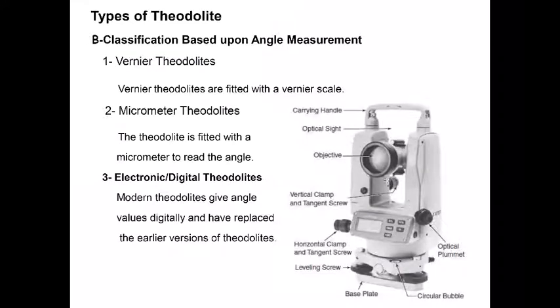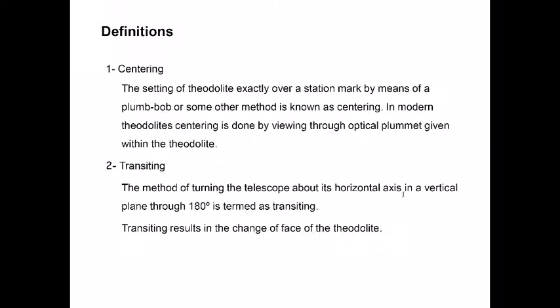So in order to move it very slowly, left or right, you use the horizontal slow motion, this screw over here. Similarly, if you want to rotate your telescope in the vertical plane, you have this vertical clamp or vertical slow motion over here.